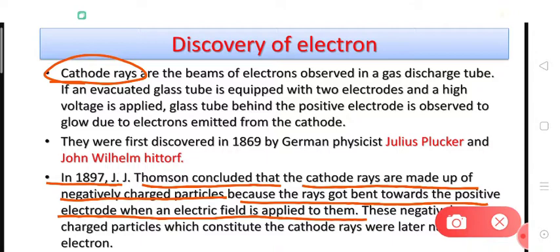These particles were negatively charged, and it was also discovered that they were present in all substances, because whenever any metal was taken as a cathode, or any gas was taken in the glass discharge tube, the rays originated.